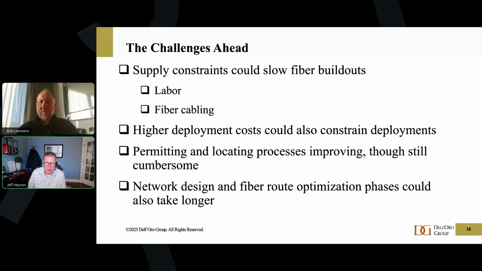But that poses a risk to the operators who do have their own KPIs in terms of fiber homes passed and connected to support. So, you know, until more factories come online to support fiber cabling manufacturing, it's going to be challenging.